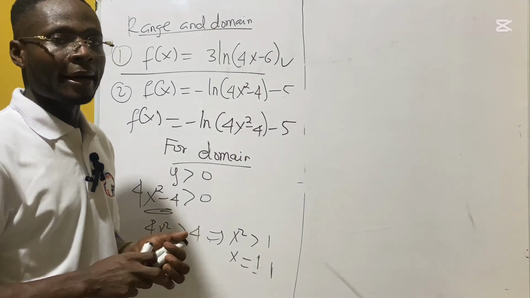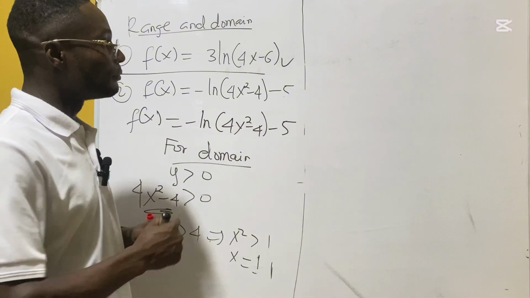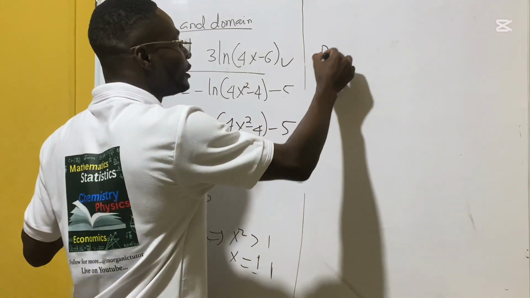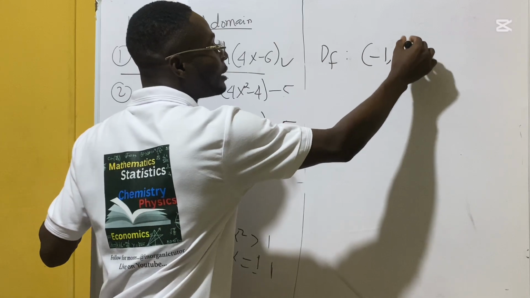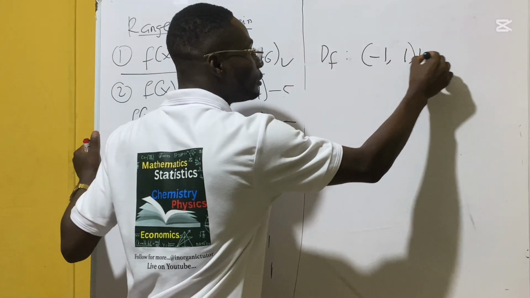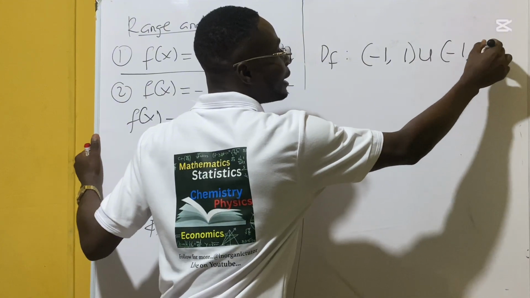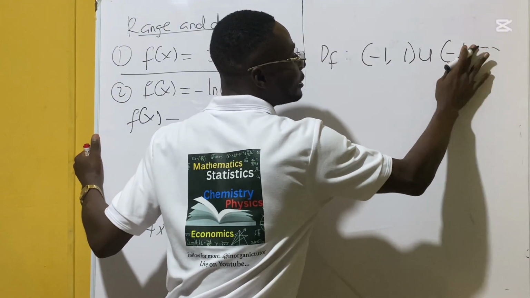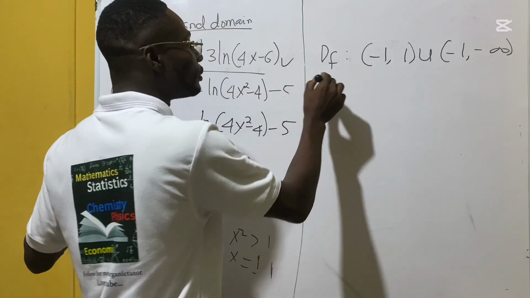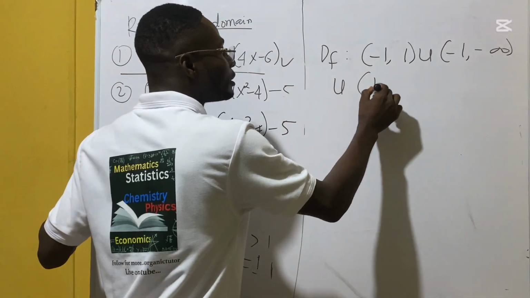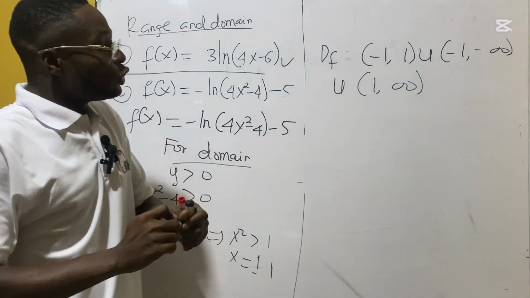So the domain of f is going to be negative infinity to negative 1, union 1 to infinity.